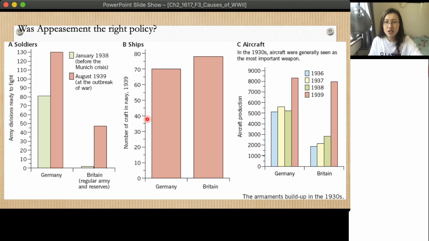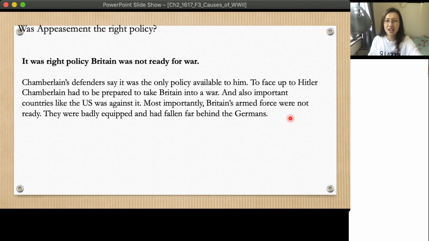Even for naval power, they almost caught up, right? And also you can see the aircraft. Germany at that time had the strongest air force in the world. So for me, after we find out these data, I don't think it was possible for Britain to start a war or use some tough way to stop Hitler's aggressions.